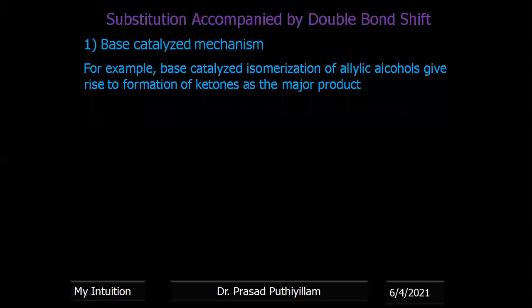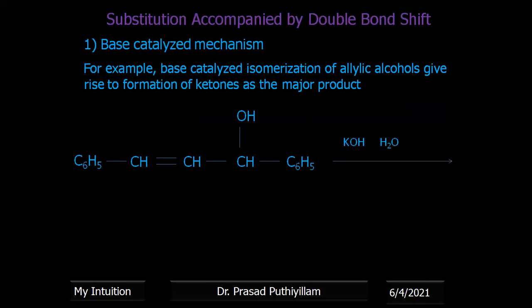Now, for example, base catalyzed isomerization of allylic alcohol gives rise to the formation of a ketone as the major product. That means C6H5-CH=CH-CH2-OH undergoes isomerization with the supporting reagents potassium hydroxide, water, ethanol at 100 degrees Celsius, and the reaction continues for 3 hours, in which KOH is a strong base, and it gives a ketone, that is C6H5-CH2-CH2-C(=O)-C6H5.